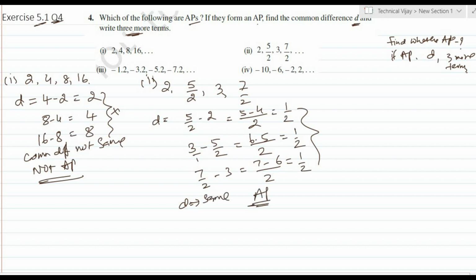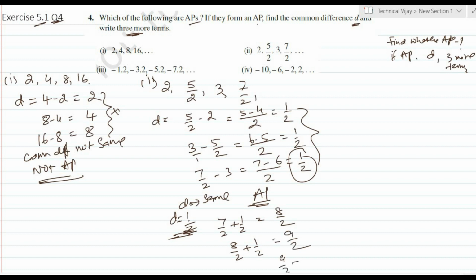If it is in AP, we have to find out the D. D we have calculated here already. So D is equal to 1 by 2. Now, if it is in AP, we have to calculate 3 more terms. 3 more terms means we have to add this D. 7 by 2 plus 1 by 2 is equal to 8 by 2, and 8 by 2 plus 1 by 2 is equal to 9 by 2.